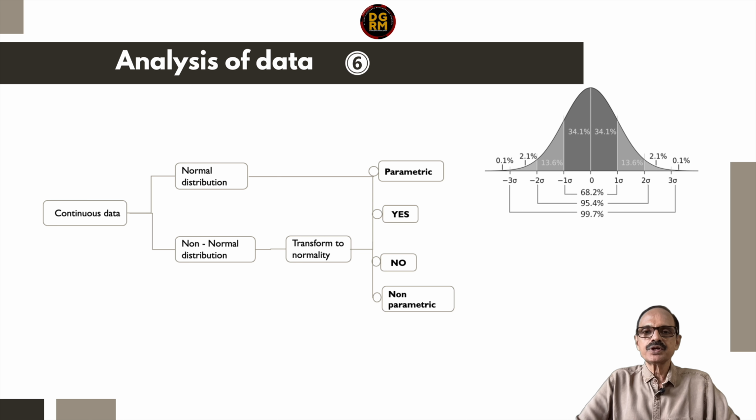If it is not normal, then you should do a non-parametric test. There are some advanced statistical methods to make non-normal data normal. After applying this, if the data is following normality, then you can go for a parametric test. Otherwise, a non-parametric test has to be adopted.